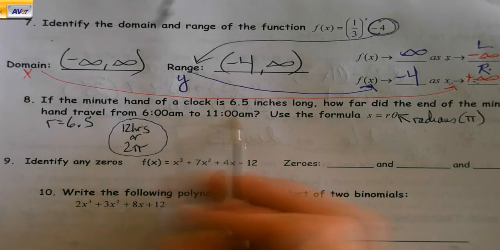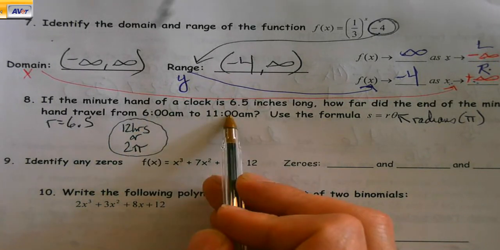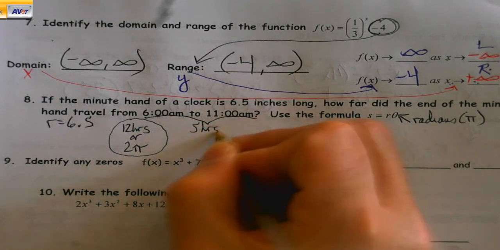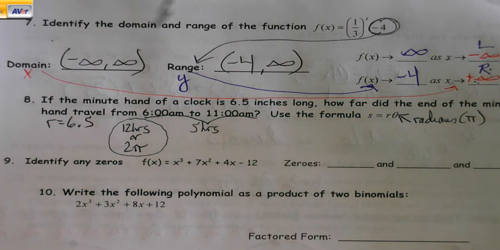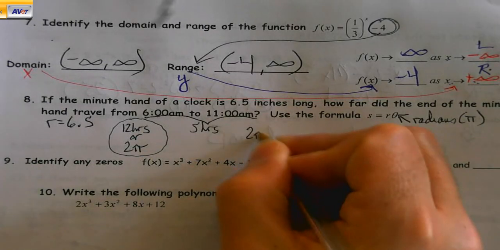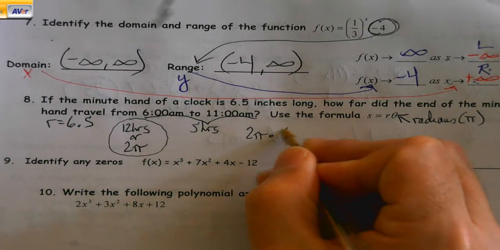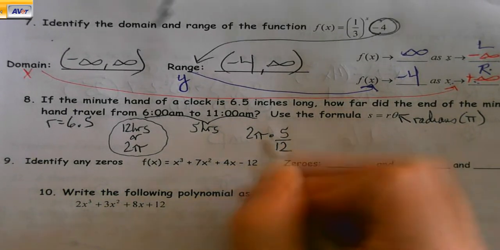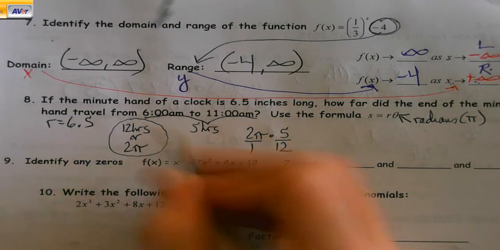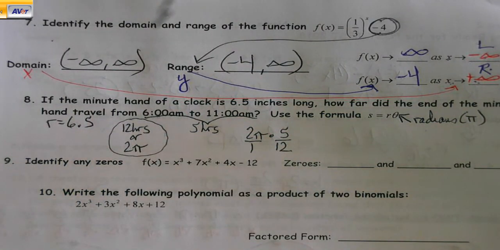So how long is it between 6 and 11 a.m.? Well, this is 5 hours. So you're like, okay, so what does that mean to me? Well, I'm going to take 2 pi times 5 out of 12 hours. Because that's how much of this whole circle I'm going to need to figure out this angle measure.